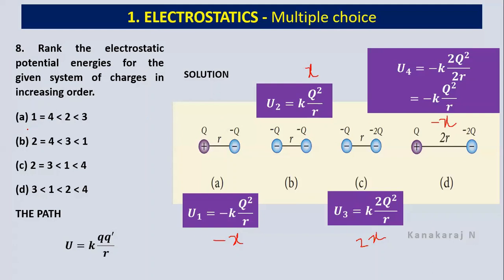So the first option, 1 and 4, are having the same potential energy. You don't have that choice in the other three cases. So definitely it's going to be option A.